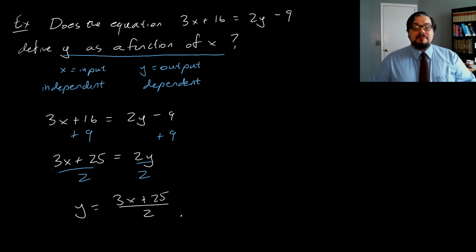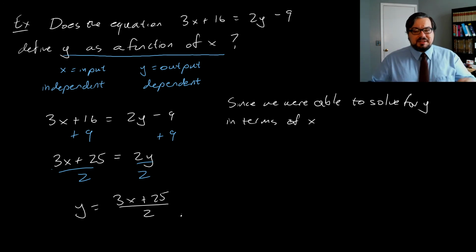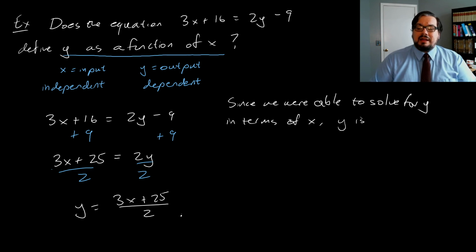Now, for any given x, there is one and only one y that makes this equation true. So, since we were able to solve for y in terms of x, exactly, without any pluses or minuses or anything else, this means that y is a function of x.